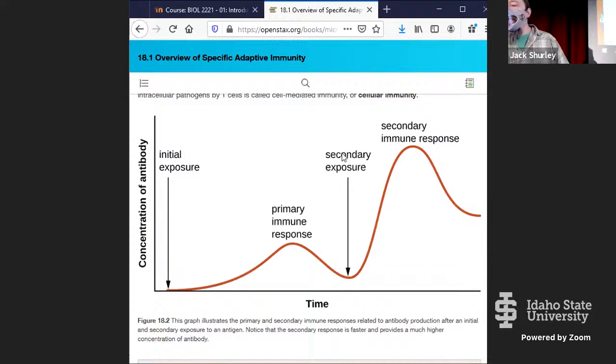And at this point, we see a secondary exposure, so another encounter with that substance. And that response is much more rapid and considerably more robust. You can see it almost tripling the level that we saw with that primary response.